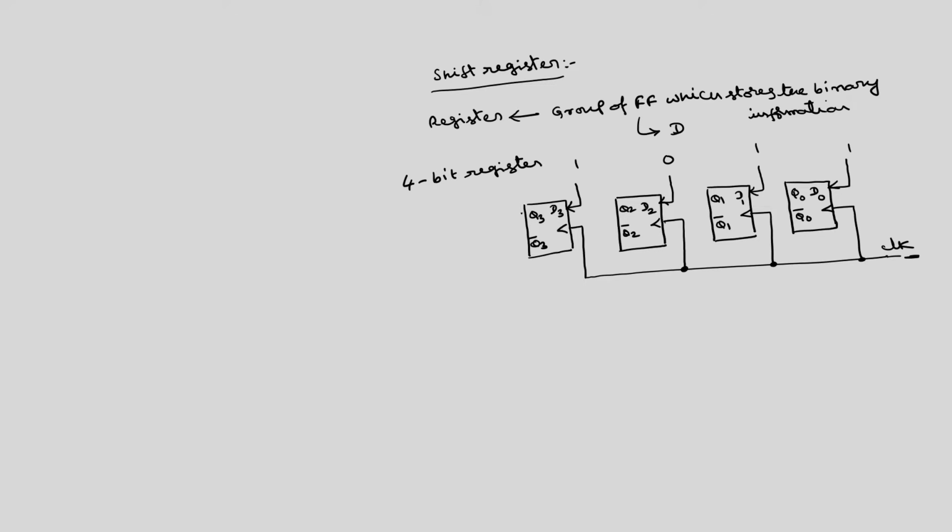Then this data will be fed here: 1 will be available here, 0 here, 1 here, and another 1 here. This will continue until the next clock signal is applied, whether positive edge triggered or negative edge triggered. Let us assume this is positive edge triggered.